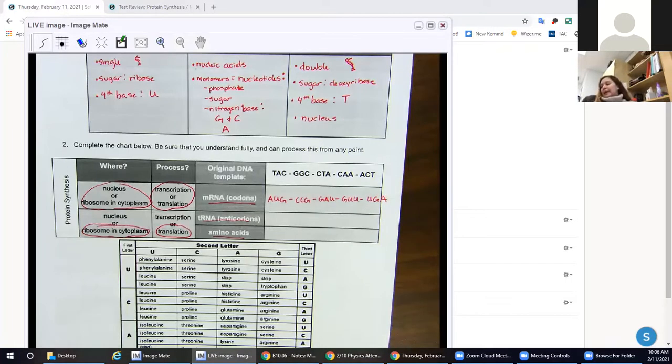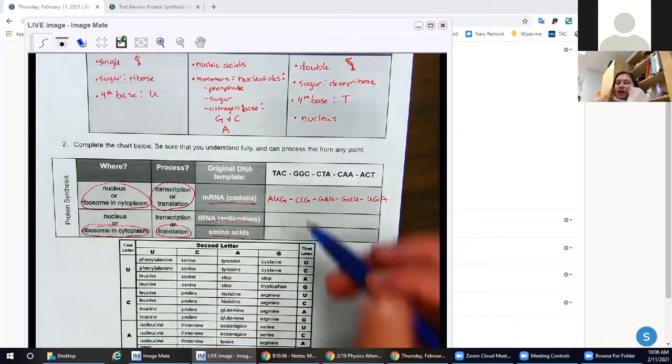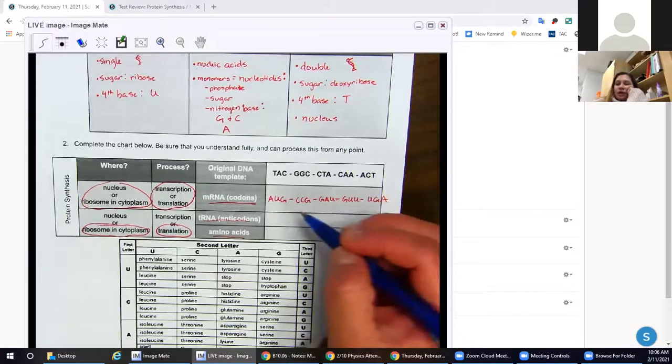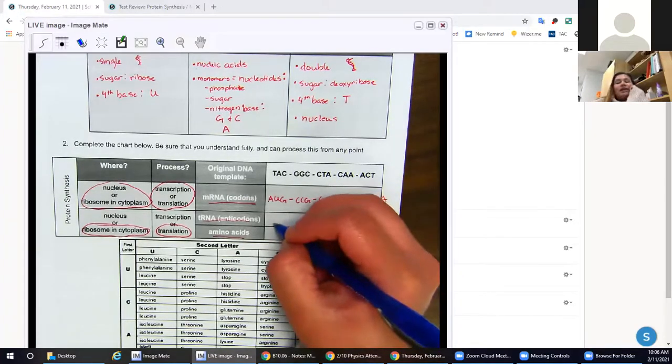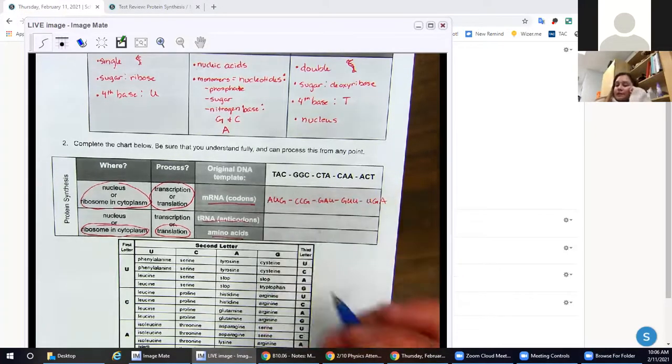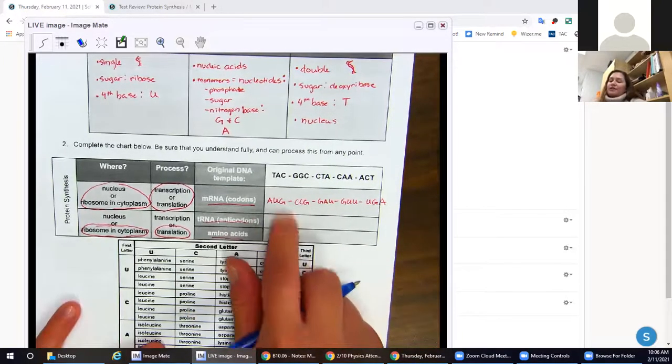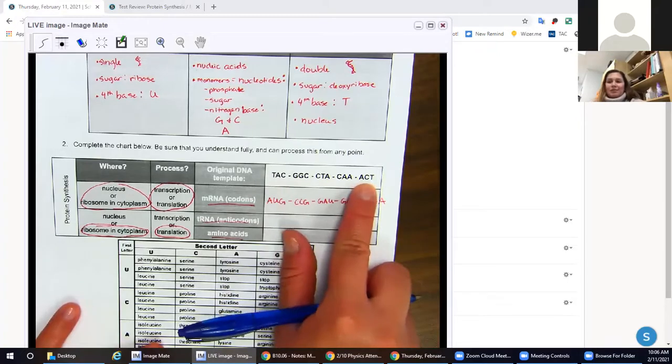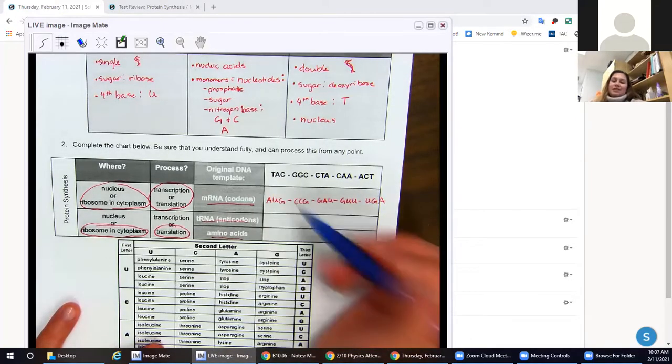The tRNA, that's just the anticodons for the codon. Those don't code for your amino acids. They're just there to register the mRNA strand. Again, tRNAs don't code for amino acids. So tRNA would kind of sort of be the same as the DNA template, except it doesn't have T's, it has U's.